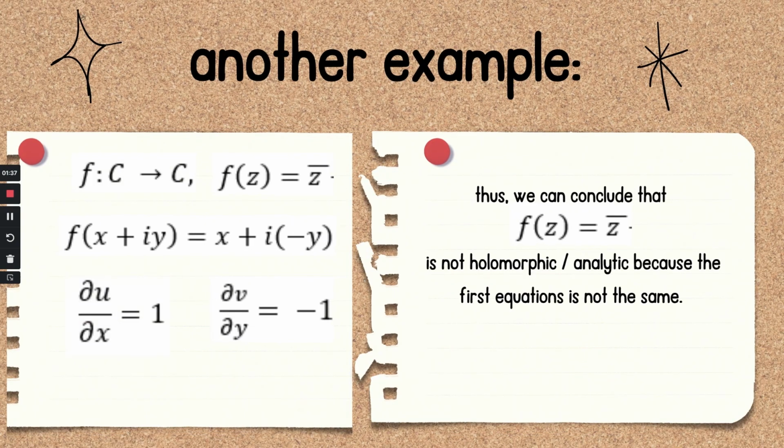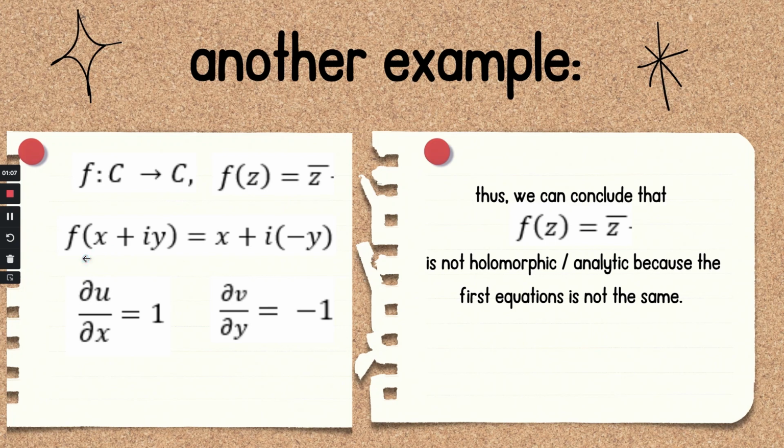Next, let's have another example. Let's take the complex function f from C to C, given as f of z is equal to z bar. We need to rewrite in terms of x and y.